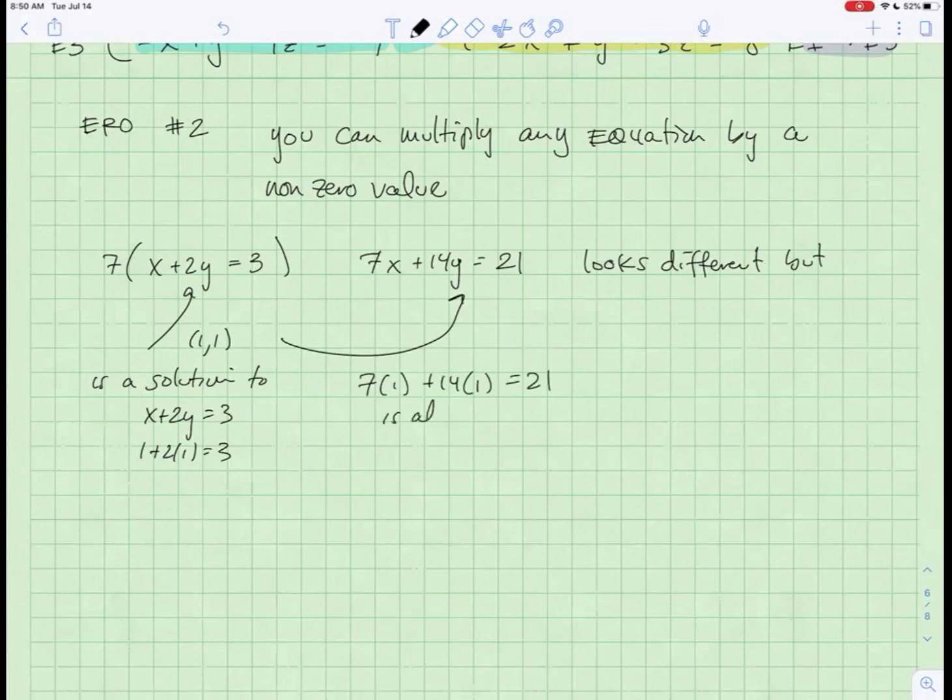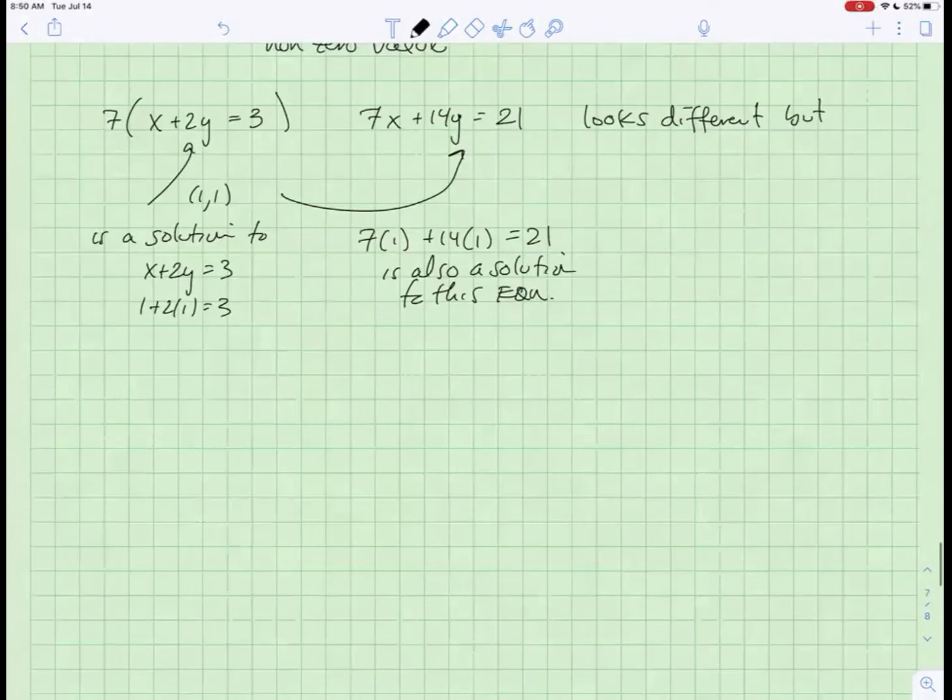This is also a solution to this equation. So scaling it up or scaling it down by a certain factor doesn't change whether or not a certain ordered pair is a solution, as long as you scale every term up or down by the same amount.